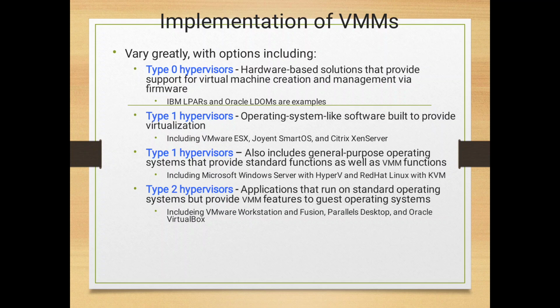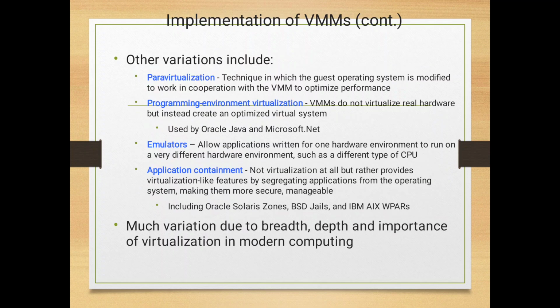Type 1 is operating-system-like software built to provide virtualization. It also includes general purpose operating systems that provide standard functions as well as virtual machine manager functions. The final type, type 2, has applications that run on a standard operating system but provide virtual machine manager features to guest operating systems.